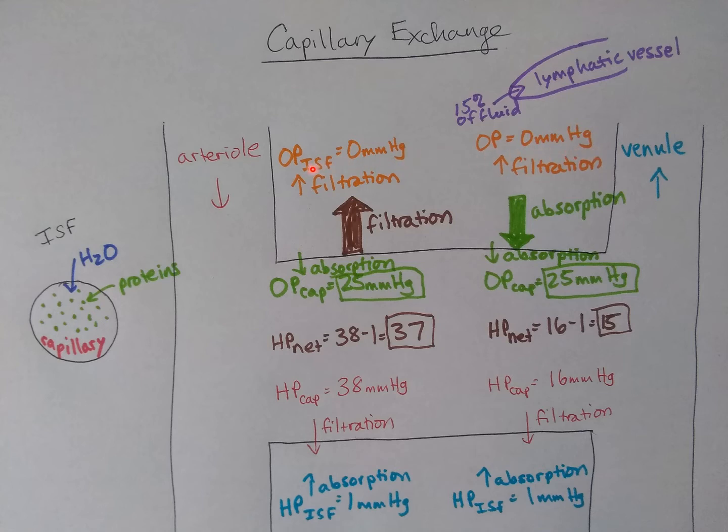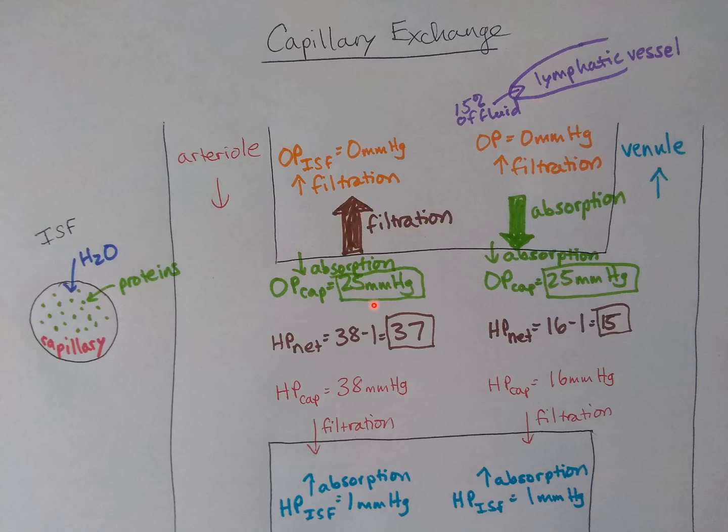But if we did have proteins out in the tissues, remember that water likes to follow the solutes, so that would favor filtration. That would draw the water out of the blood. So our total osmotic pressure coming from these proteins is just 25 minus 0, and that's the same at both ends.